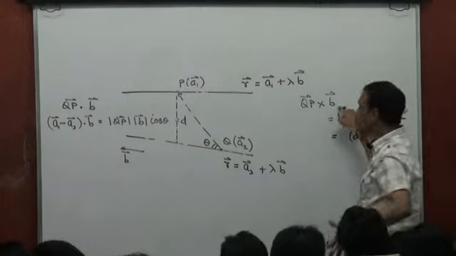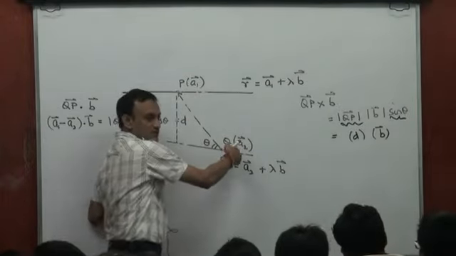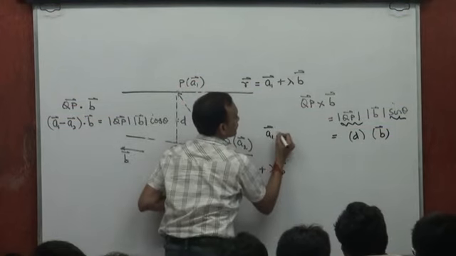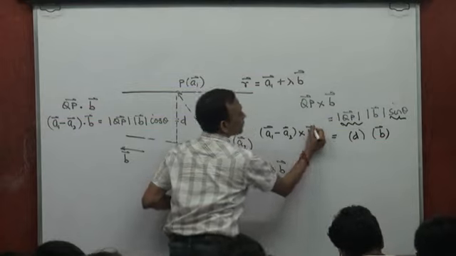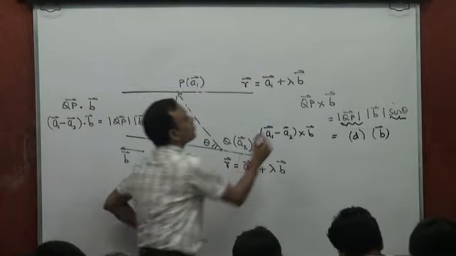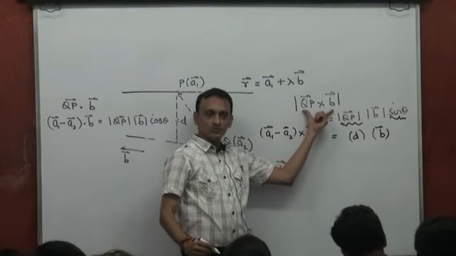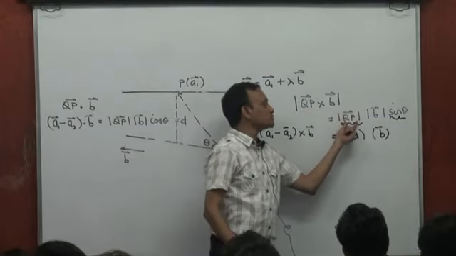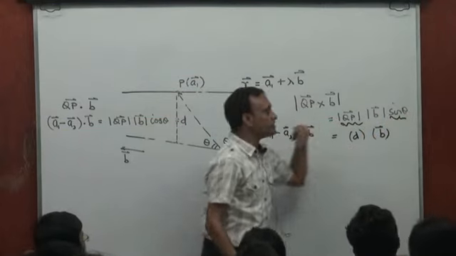That's QP cross b. QP, as you can see, is a1 minus a2 cross b. The mod of this cross product is going to be magnitude of QP into magnitude of b into sin theta by definition.